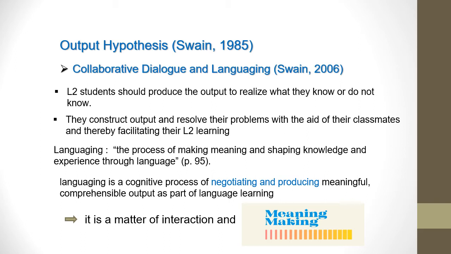So Vygotsky indicated that language is a social activity, and interaction is more important. And Swain also emphasized that language acquisition and language learning is a matter of interaction and meaning making.